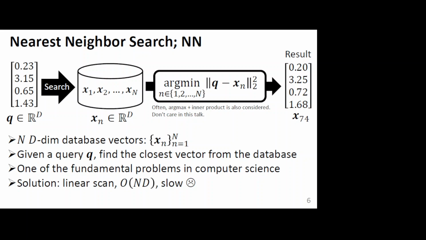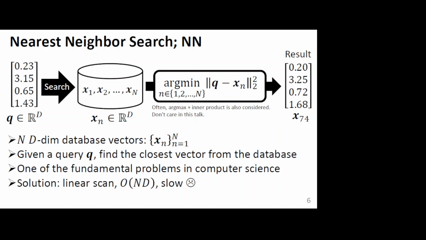But if you find the nearest neighbors this way, using a linear scan, or what we call exhaustive search, computing over all the data in the data set, the complexity will be n times d, O(nd). n is the number of your data, and d is the number of dimensions.